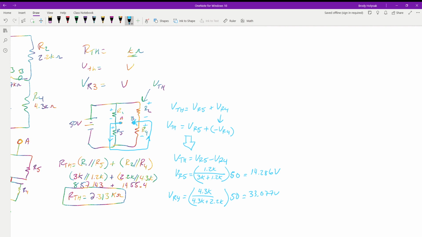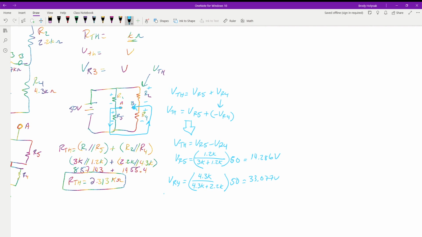So we solve for V Thevenin. V Thevenin is equal to 14.286 volts minus 33.077 volts. And our V Thevenin comes out to be a negative 18.791 volts.